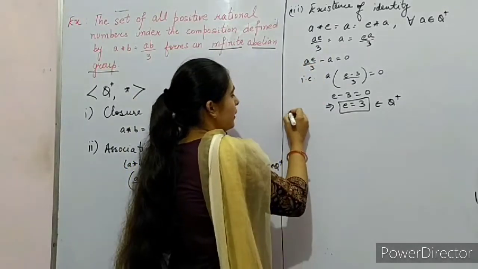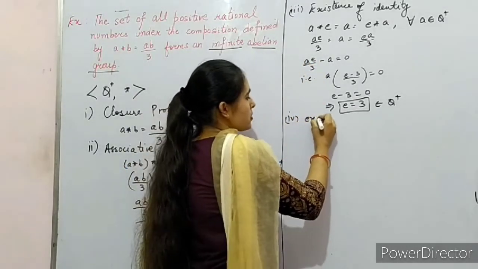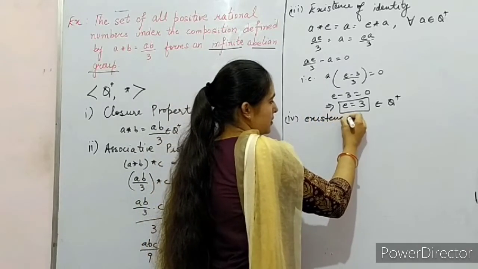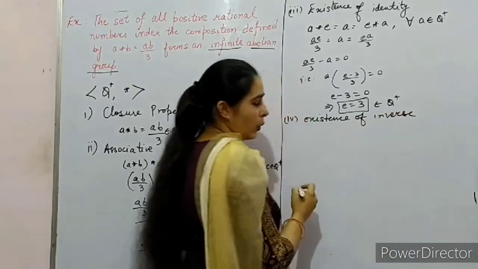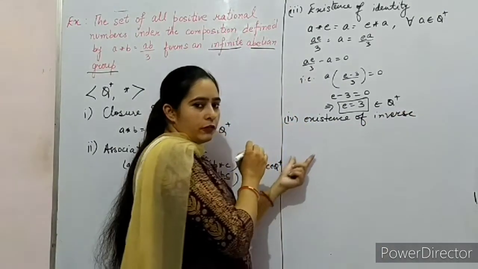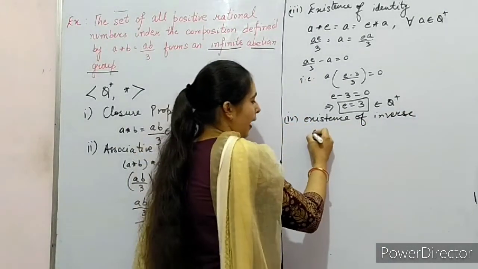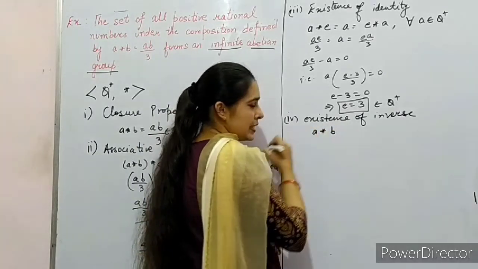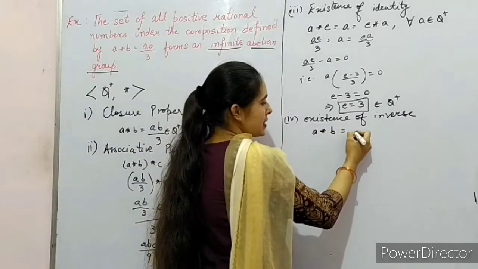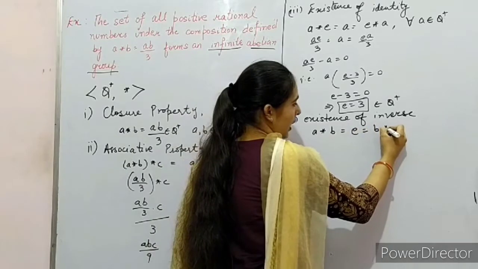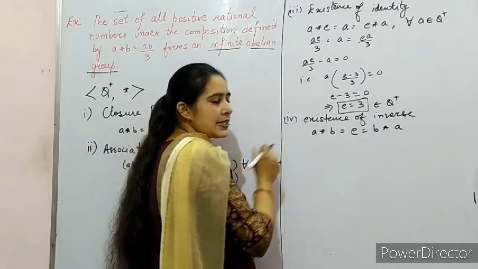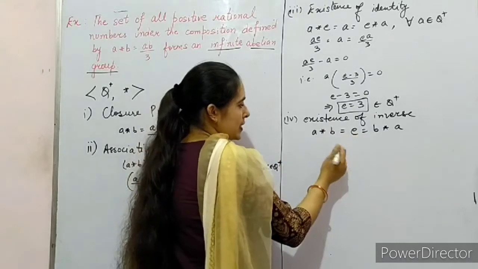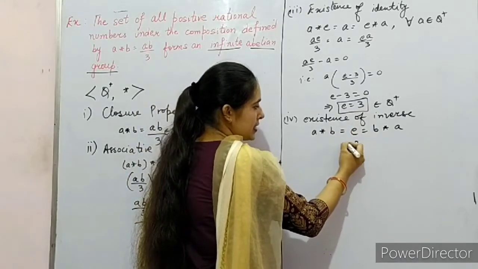Now let's check existence of inverse. For finding the inverse, we have to find an element B such that the answer is the identity. Now what is the identity here? Identity is 3.